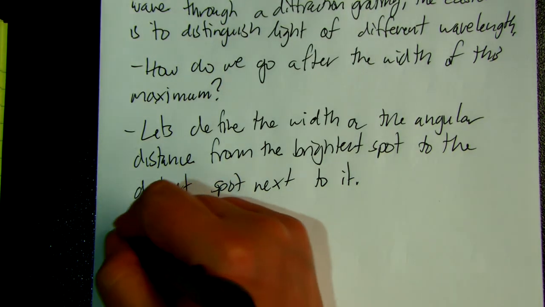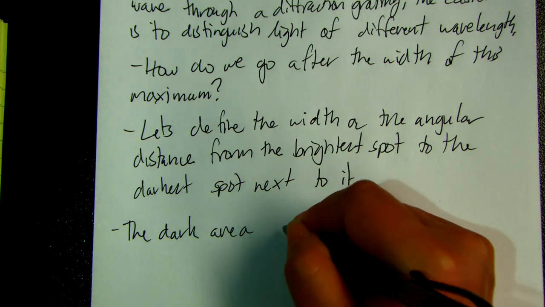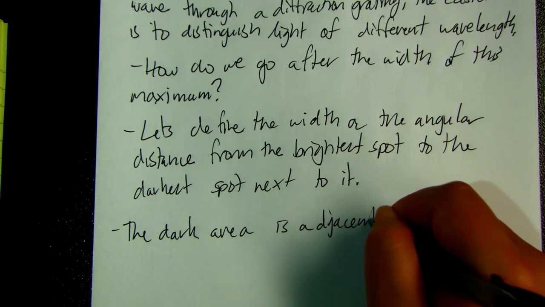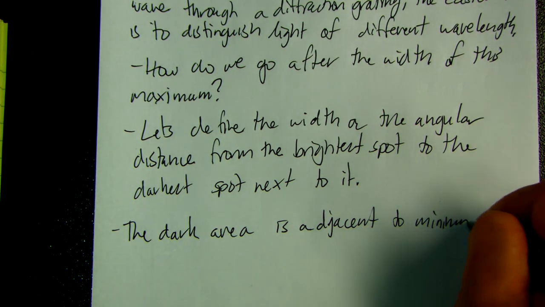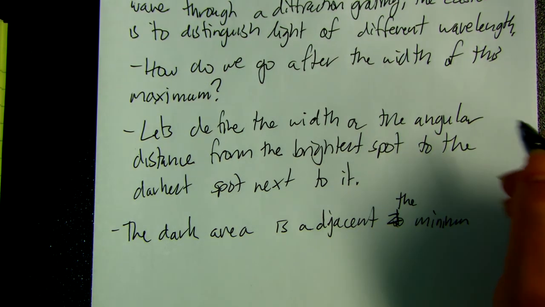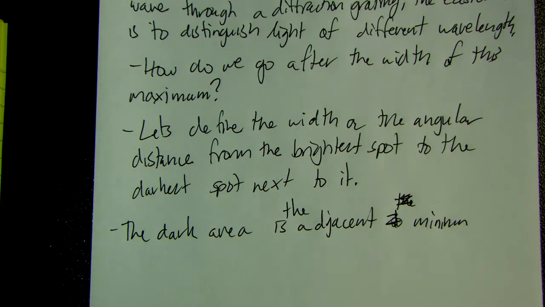And so the dark area is the adjacent minimum. Okay, so now we can go after width.